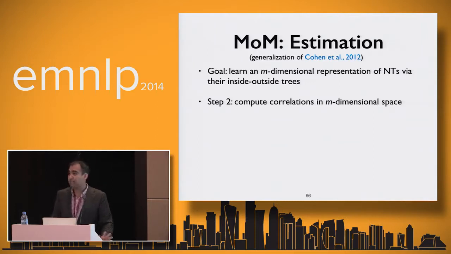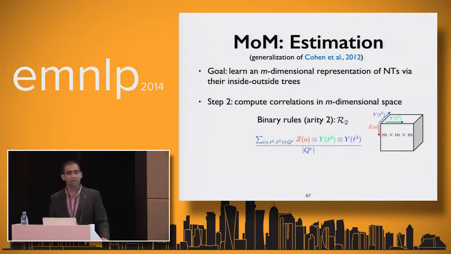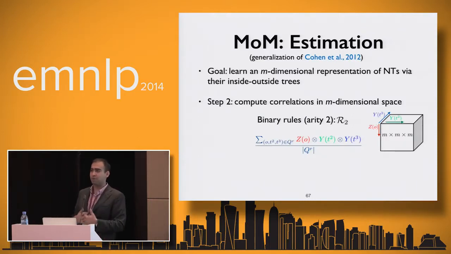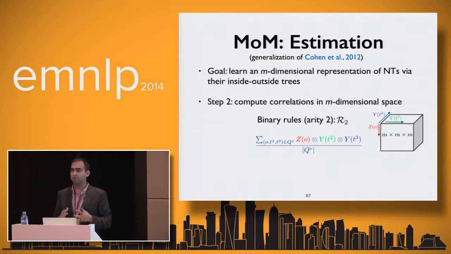After that, though, it's practically the same, modulo a few things like normalization constants. How do we convert those lower dimensional representations of inside and outside features into lower dimensional representations of translation rules as defined by those inside and outside contexts? We do the same thing.